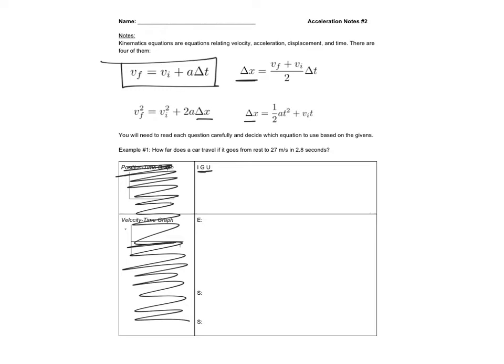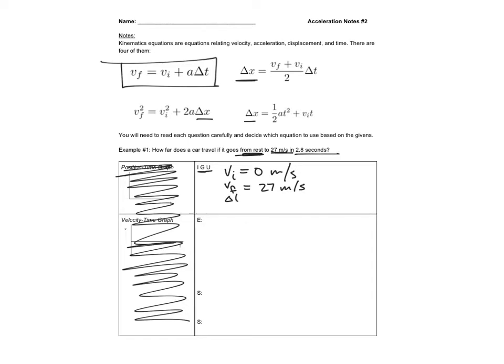In this question, you've got a given where it says it goes from rest. If it goes from rest, that means your velocity initial is 0 meters per second. And then it ends up at 27 meters per second. So that's the velocity final. Velocity initial and velocity final. And then it gives us a time, 2.8 seconds.